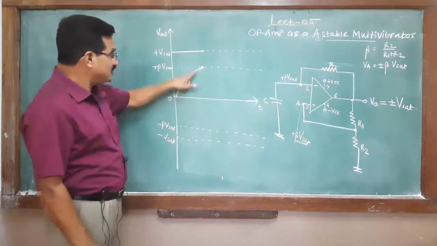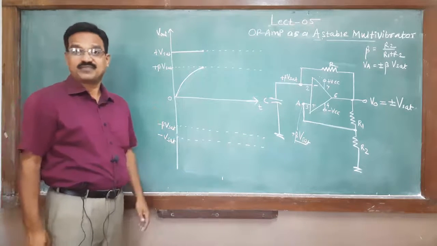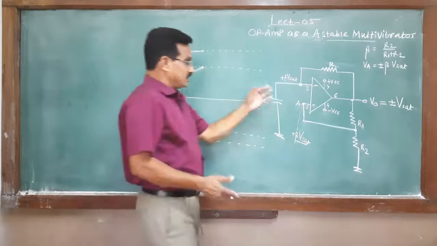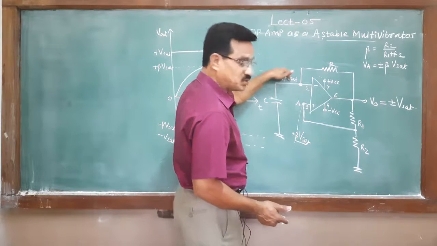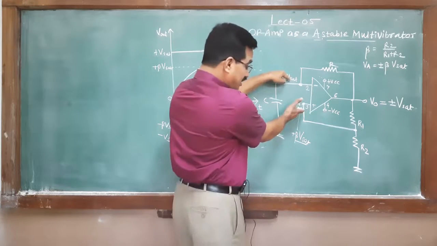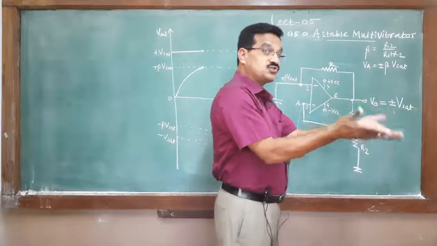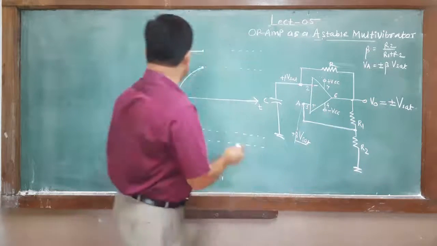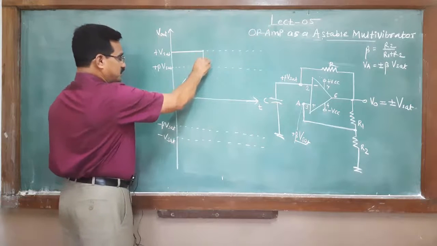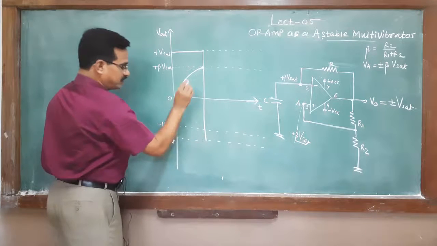What will happen at this voltage? When the voltage across the capacitor is equal to beta V saturation, or slightly greater than this, at that time the switching of the output takes place, from positive saturation to negative saturation.